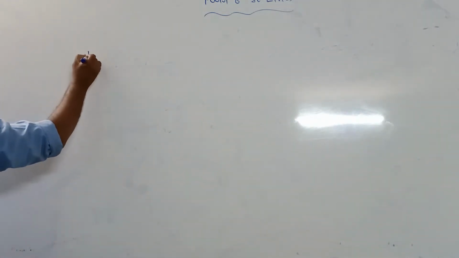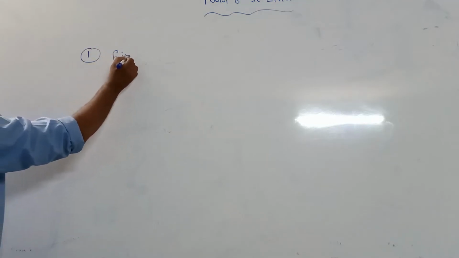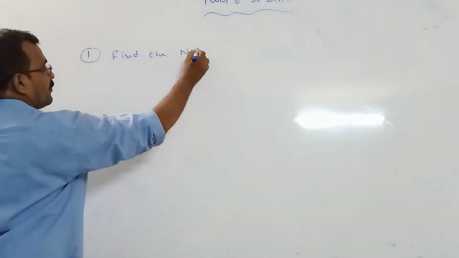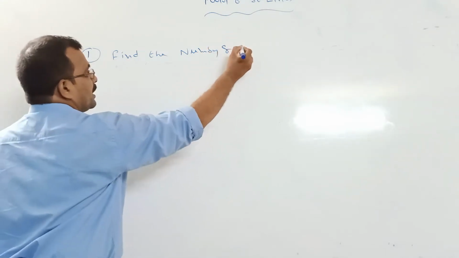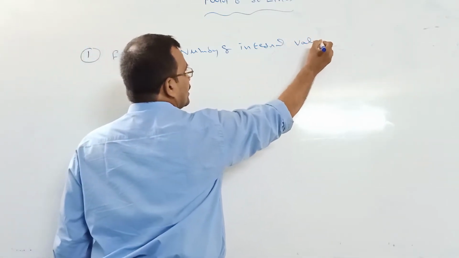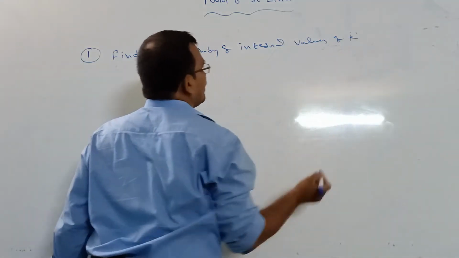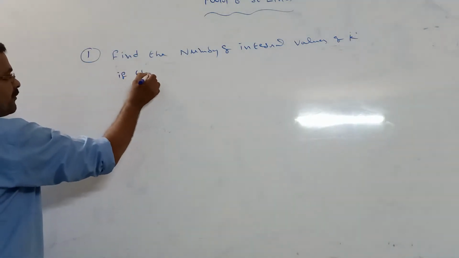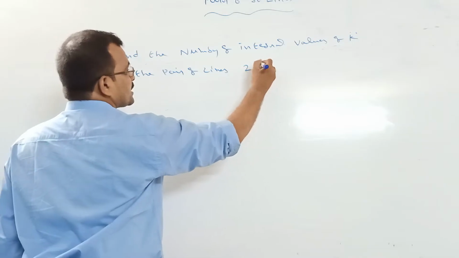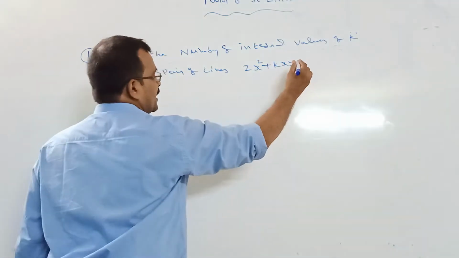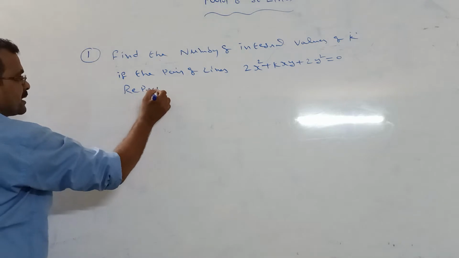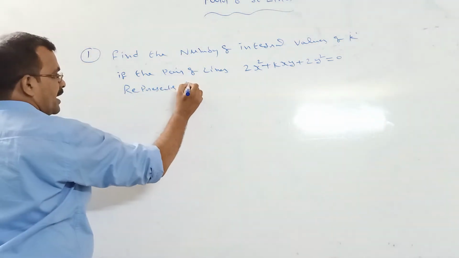The first one, find the number of integral values of k if the pair of lines 2x square plus kxy plus 2y square equal to 0 represents imaginary lines.